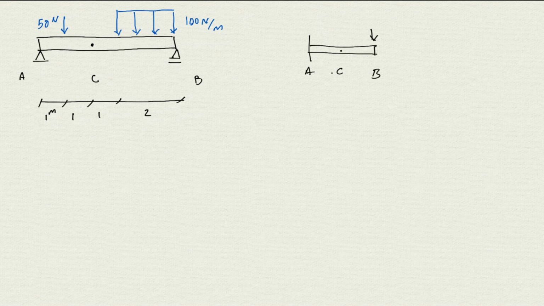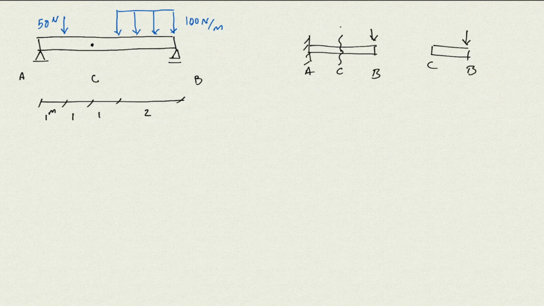I want to find the cross-section reaction there. If I go ahead and cut it through point C, and I look at the section CB, there's no reaction. So if I draw the CB here, there's no reaction of the support. All the support reactions are going to be at A. So I don't actually need to calculate any reaction here.